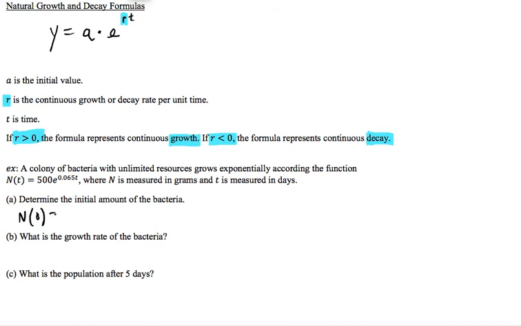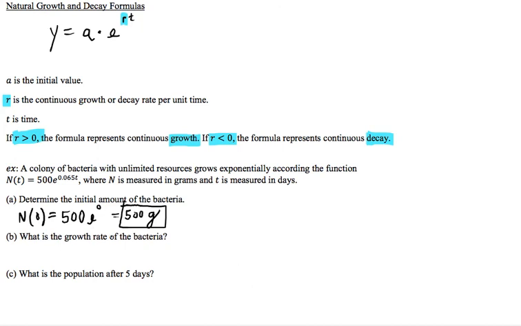So n of 0 would be equal to 500 times e to the 0.065 times 0, so e to the 0, which is 1, so 500. Okay, which you probably could have gotten just from looking at the 500 right there, which is the coefficient of e. And we are in grams here, so 500 grams.